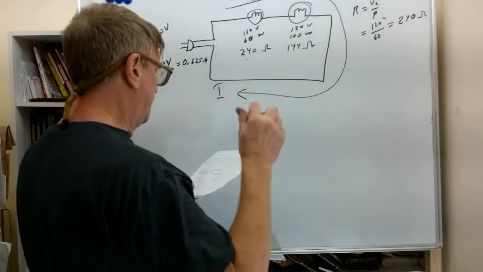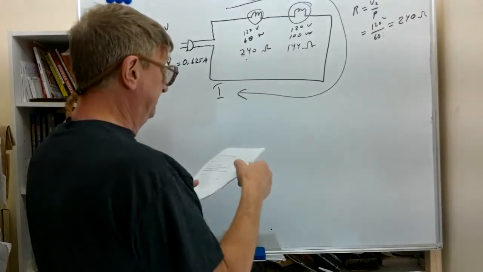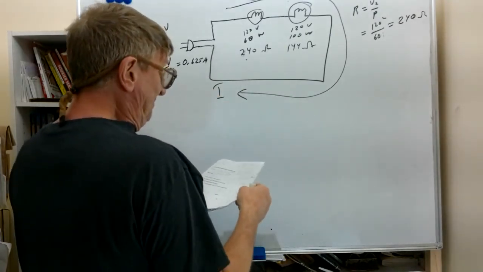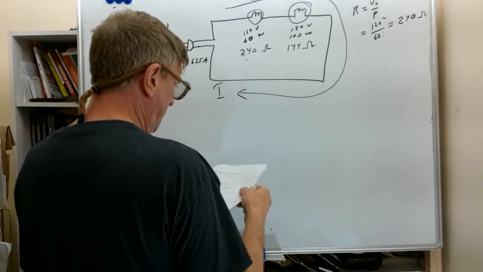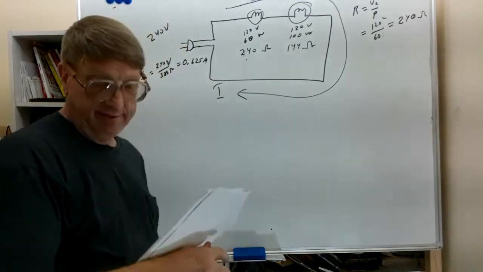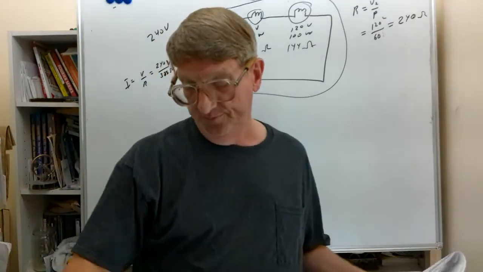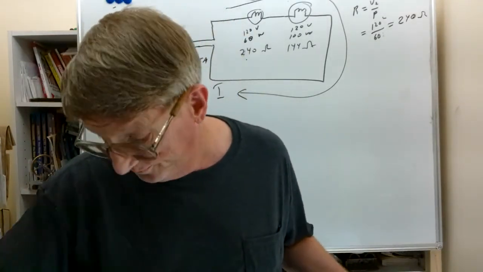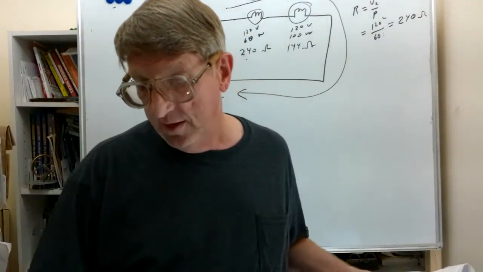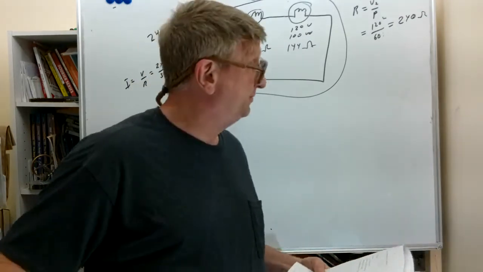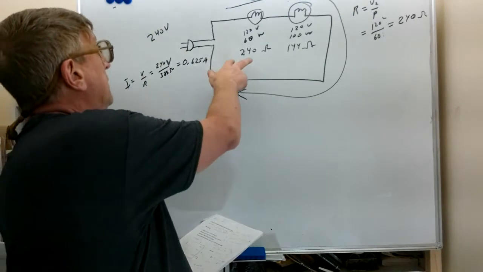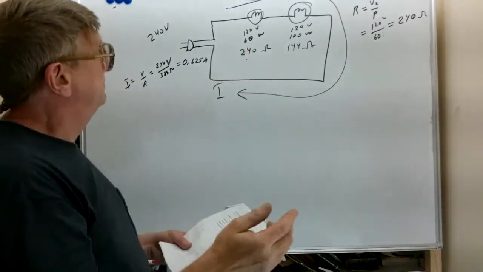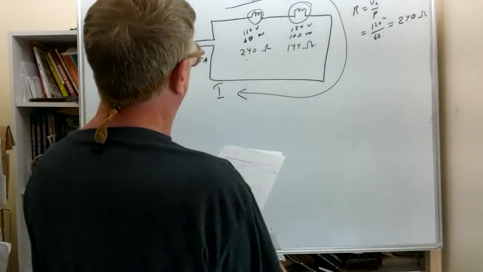And now let's look at our power formula, and let's figure out how many watts are going to be dissipated by each one of these. We know the resistance, we know the current.